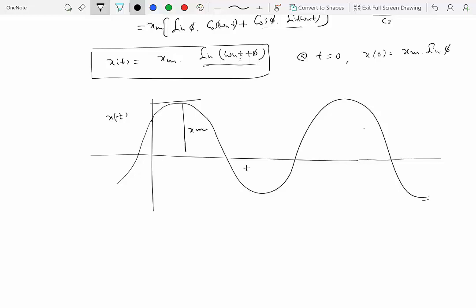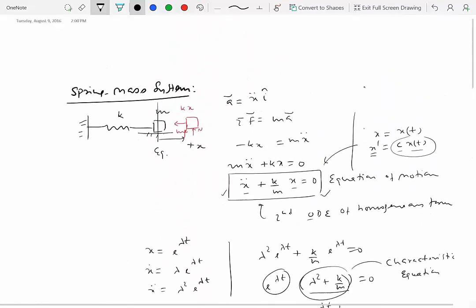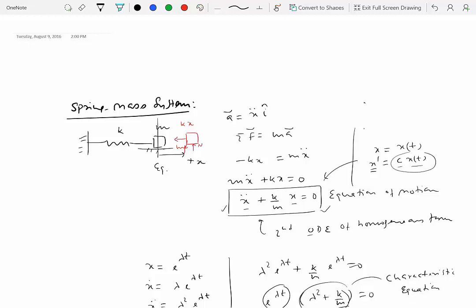In fact, this is also called amplitude. So the maximum value of x is called amplitude. So if you go back to your spring mass example over here, if you take this mass and you pull it to the right by, let's say, 5 inches, and you release it. So at time t equal to 0, it started this journey when it was stretched by 5 inches, and that would be the maximum amplitude.